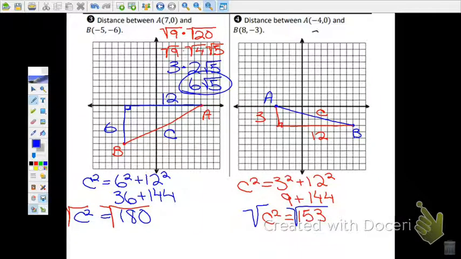How many times does 9 go into 153? 17. What's a perfect square that goes into 17? There isn't one. Square root of 9 is how much? 3. So 3 square root of 17 is my answer.